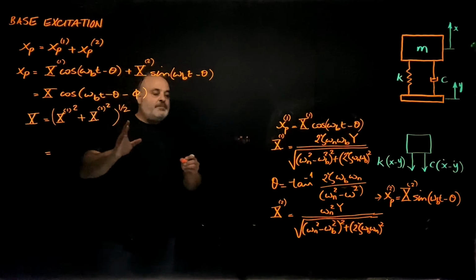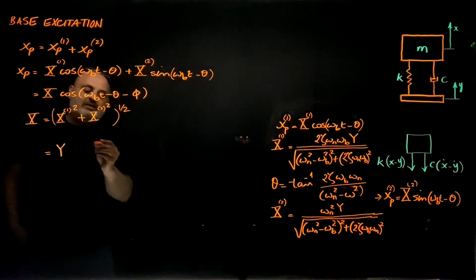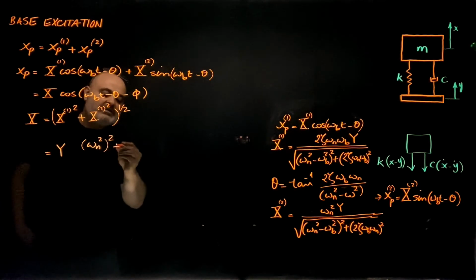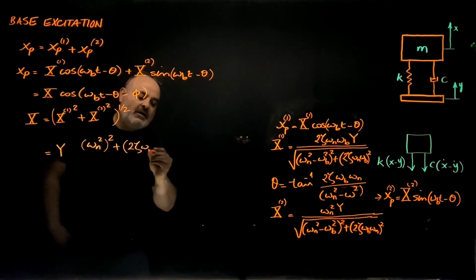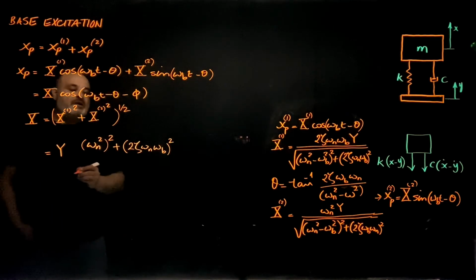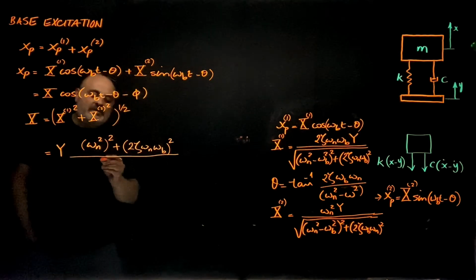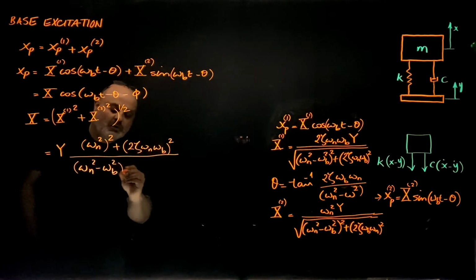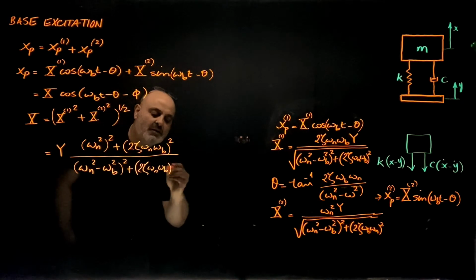I'll take the y out and then square the numerator, omega n squared plus 2 zeta omega n omega b squared, divided by the square of the denominator, which is omega n squared minus omega b squared, all squared, plus 2 zeta omega n omega b all squared.